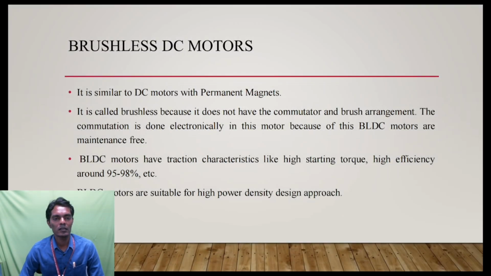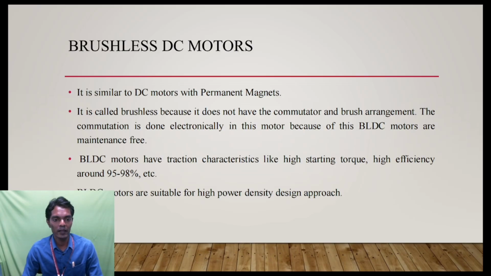What is a brushless DC motor? It is similar to a DC motor with permanent magnets. It is called brushless because it does not have the commutator and brush arrangement. The commutation is done electronically in the motor, so BLDC motors are maintenance free.